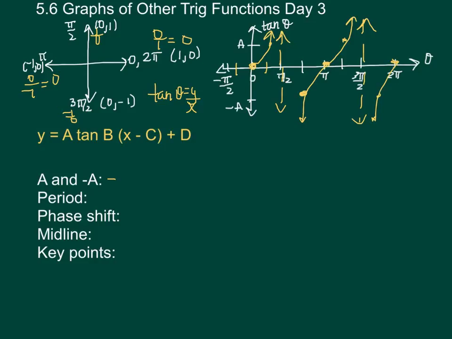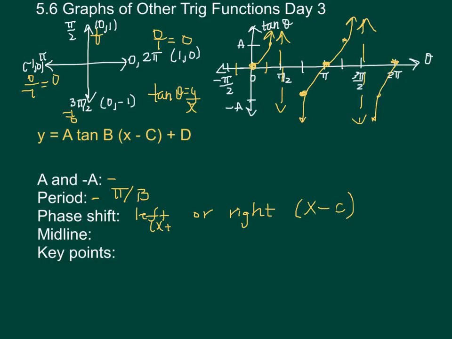So there's no amplitude. Your period is pi over b. Phase shift is the same. You're either moving left or right, C units. If you see minus, you're moving right.